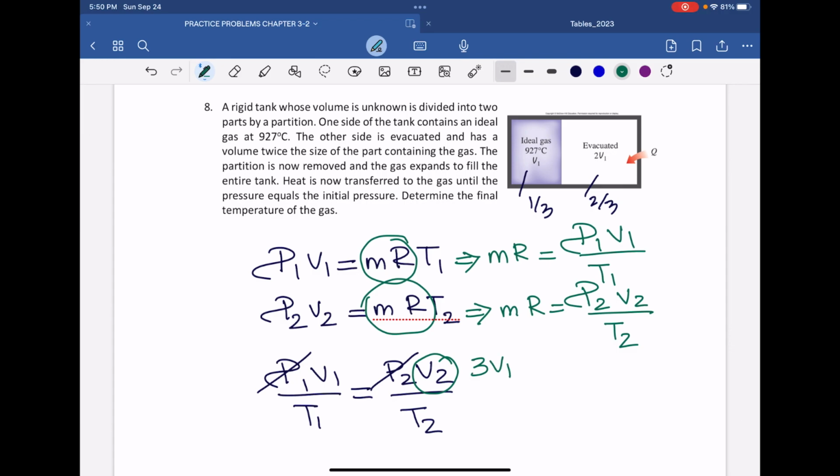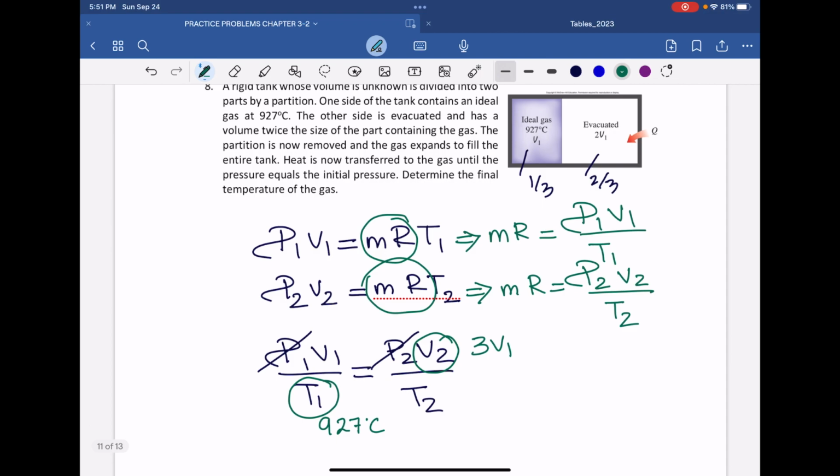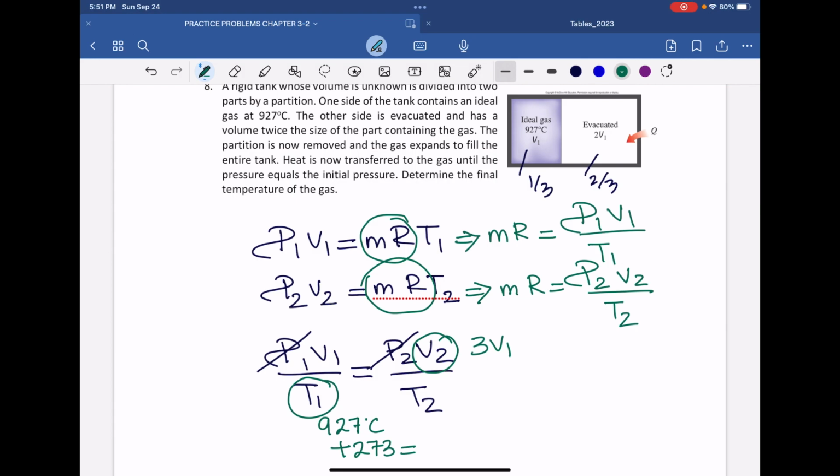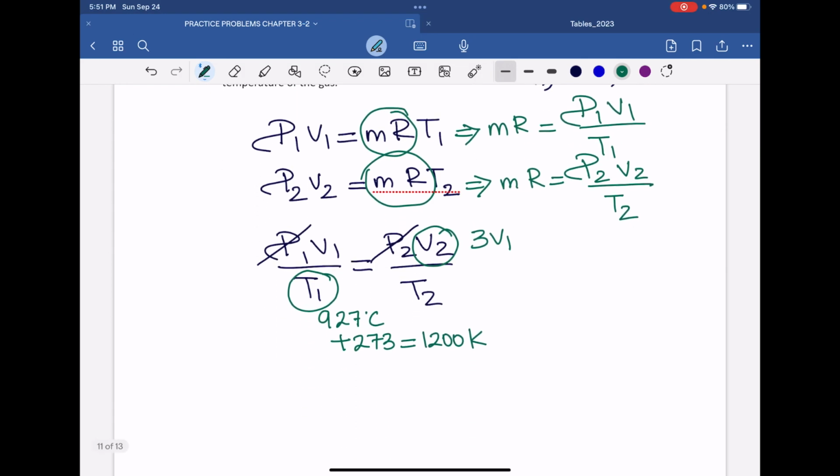Okay. So with that, you can actually notice they also give you the temperature, which is 927. But remember to use Kelvin. So this gives us that.